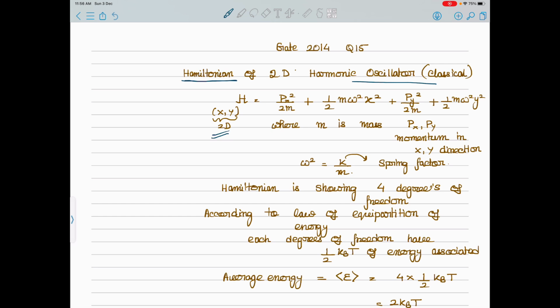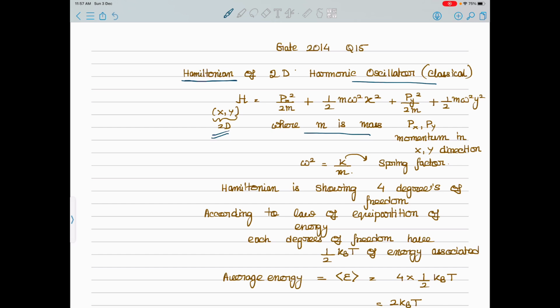The classical harmonic oscillator is typically written like this: px square by 2m, the kinetic energy term, plus half m omega square x square, the potential energy in x, and py square by 2m plus half m omega square y square, where m is the mass of the system, px and py are the momenta in the x and y directions, and omega square is k by m, where k is the spring constant.